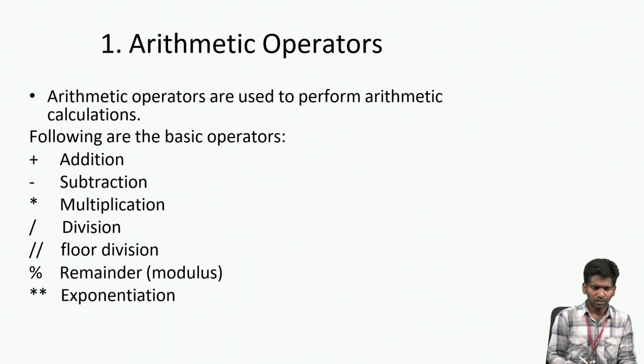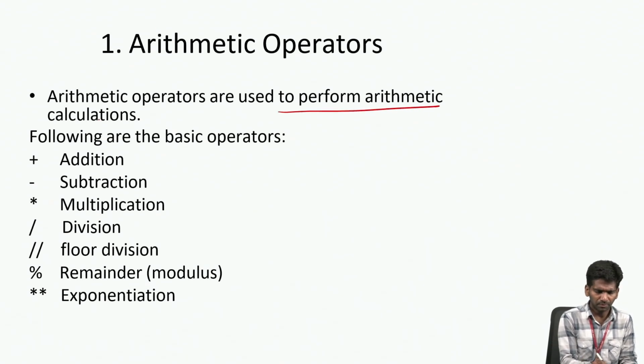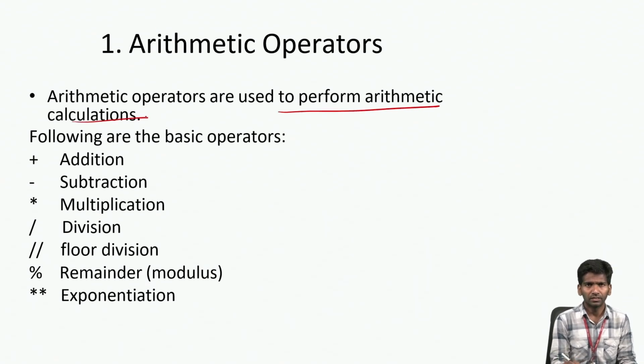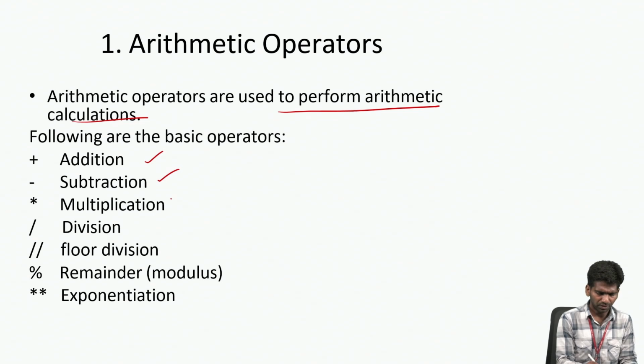Coming to the first, the arithmetic operators. They are used to perform arithmetic calculations. Arithmetic calculations means addition, subtraction, multiplication, division, floor division. Most of them will be confusing. What is this meaning? This is floor division, and this is modulus.